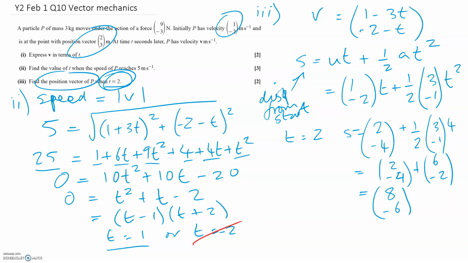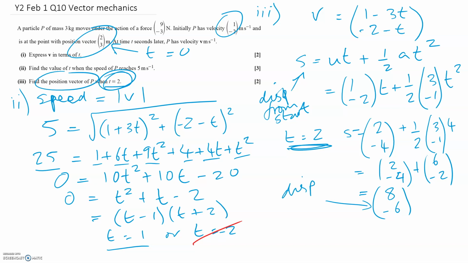So when t was 0, we were at the position vector 2, 3. After 2 seconds, we've now gone this displacement.